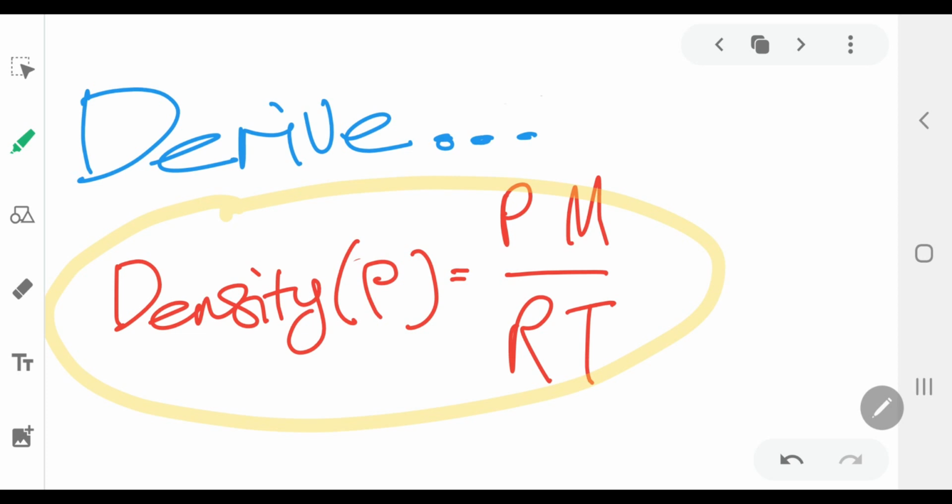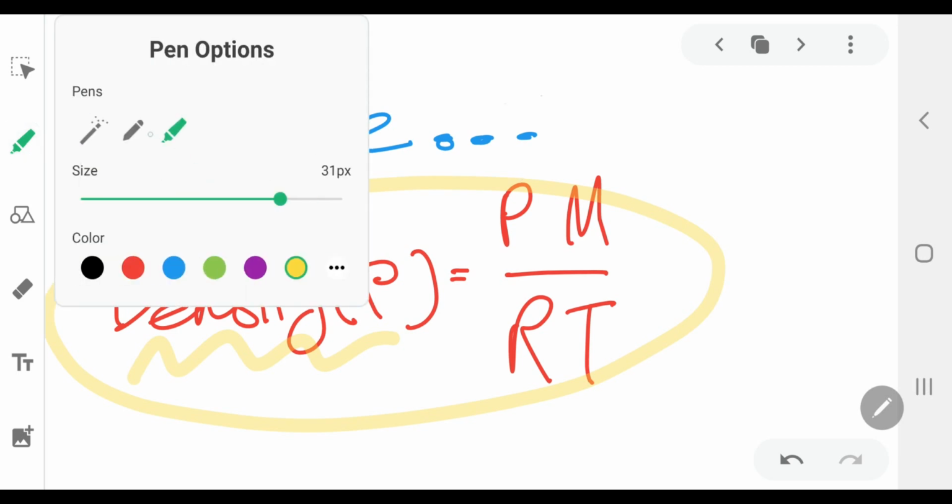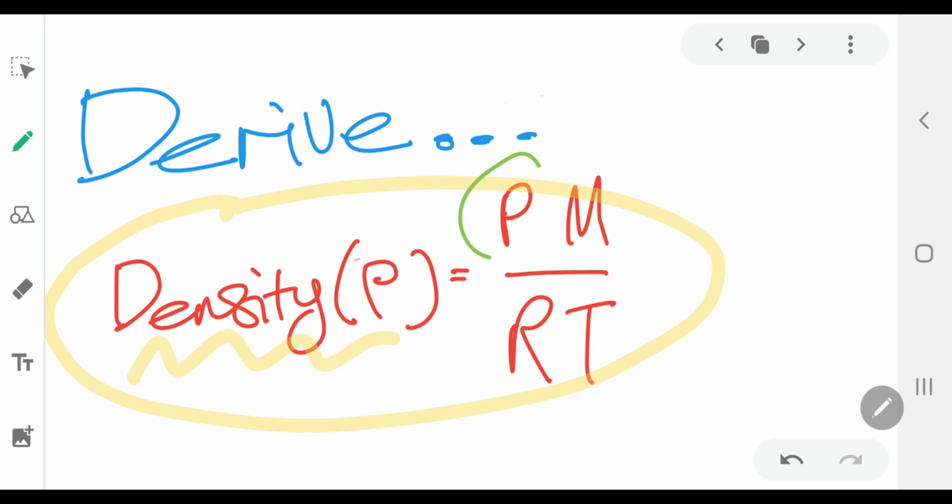We need to know how to derive this formula from PV equals nRT, and that is quite popular to be asked in exams. So this is your density, and as you can see, you still have the pressure, which will still be in atm, or atmospheric pressure.